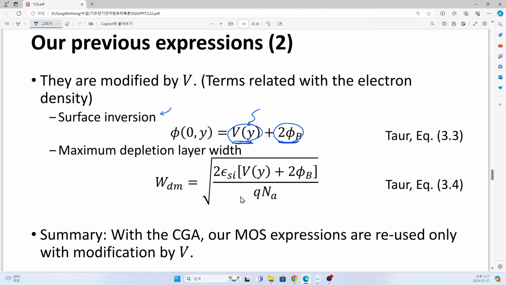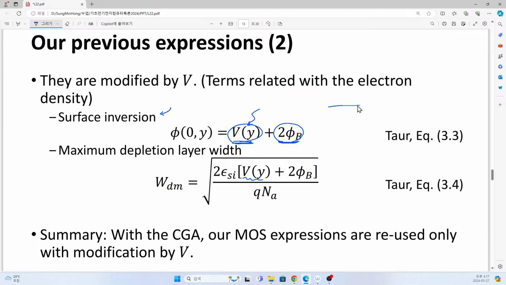So also, simply speaking, now we have to consider an even larger maximum depletion width because we now have a wider surface potential. So now we have this one. Yes, previously we just had this one. In the case of a MOS capacitor, we can consider this equal to 0, and that was the previous expression for maximum depletion width, but now we additionally have a position-dependent quantity.